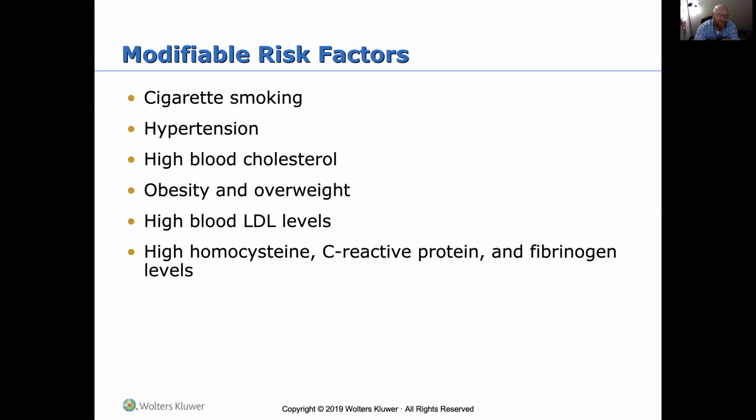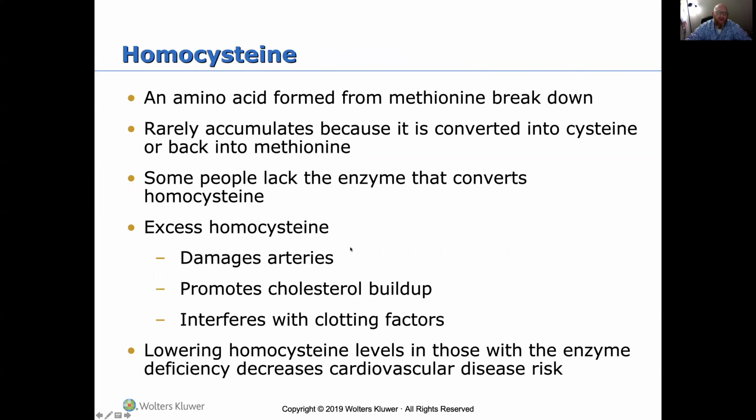If you're obese or overweight, that is a modifiable risk factor. You can lose weight. High blood LDL levels, that's the bad type of cholesterol. High homocysteine, C-reactive protein, and fibrinogen levels. We'll talk a little bit more about what that means later.